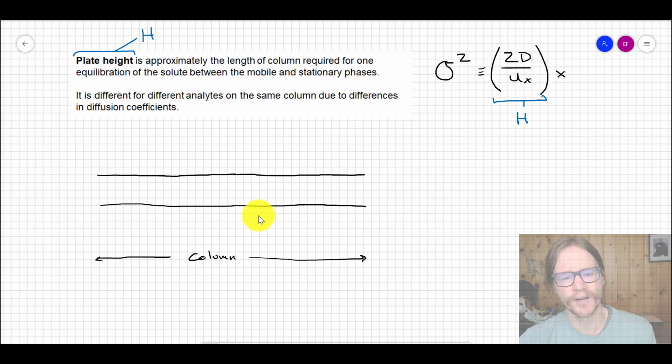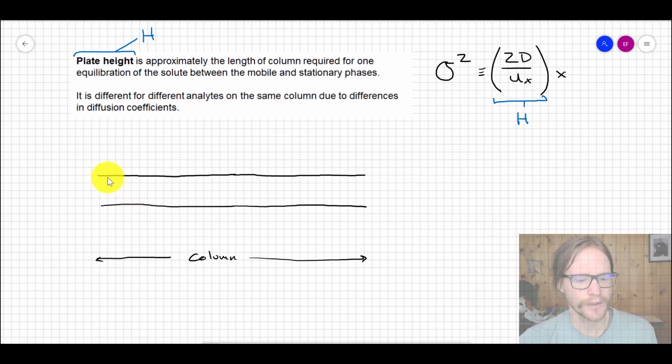What that really means is if you have a column, which I have represented by this open tube, just this cross section of a column, the H here, the theoretical plate height, is really an imaginative process where you ask: what is the physical distance or height that it takes for my analyte, my compound, and H is specific to an individual compound, it's not generic. For that particular compound, the plate height is approximately that distance that it takes for that compound to go through one equilibration cycle between the mobile phase and the stationary phase.